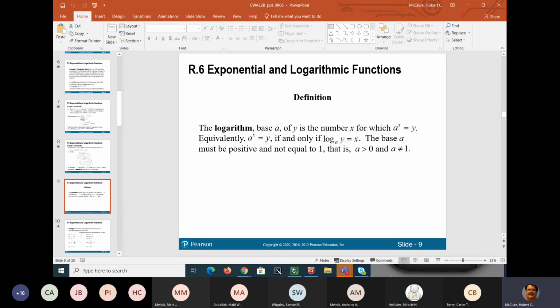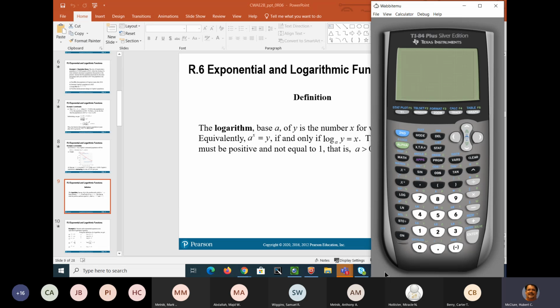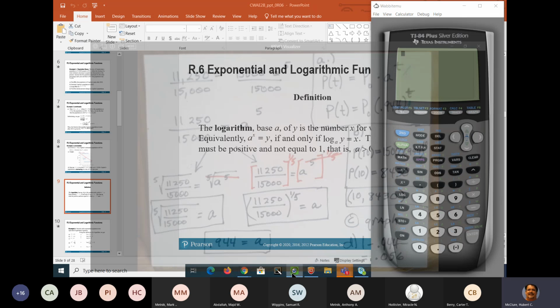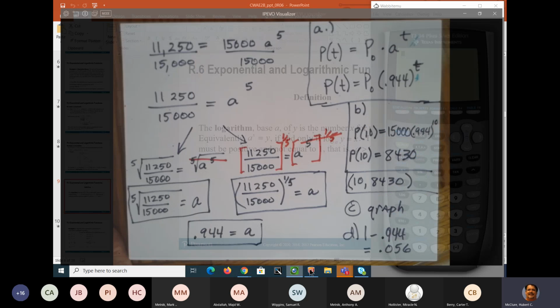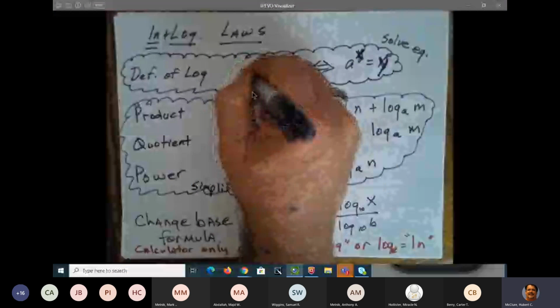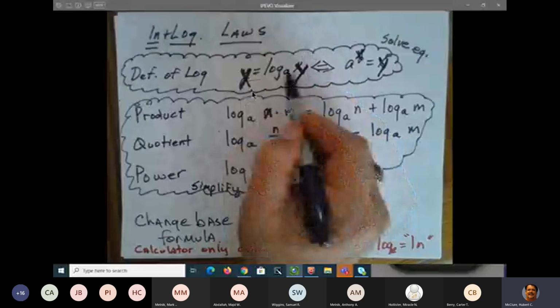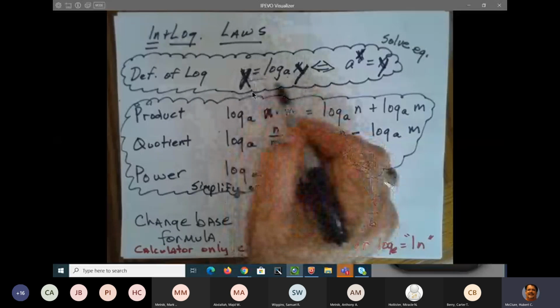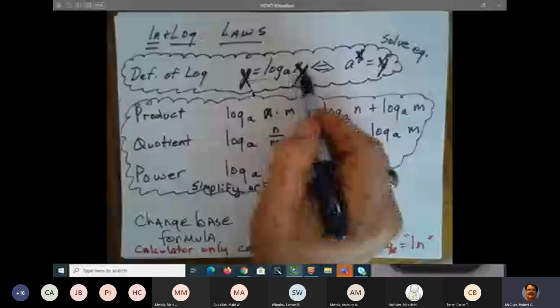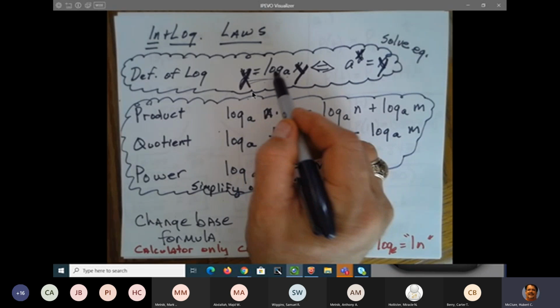Nobody writes x is equal to log base a of y. Nobody. But they're doing it. So x is equal to log base a of y. There we go. I just changed mine, so you need to change yours. Nobody writes a logarithmic sentence like this. Nobody puts y with the logarithm.